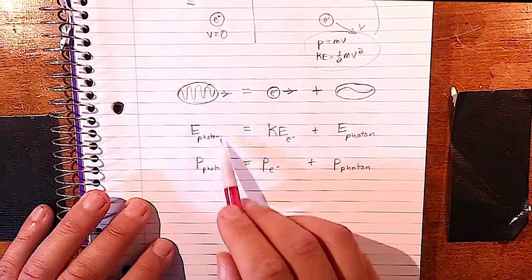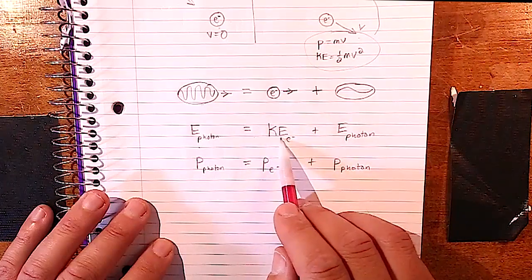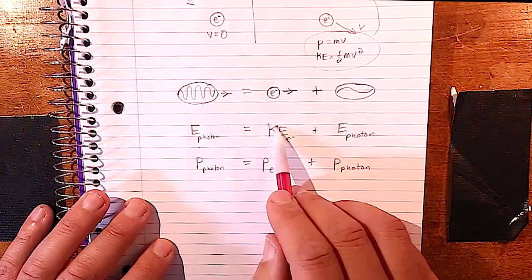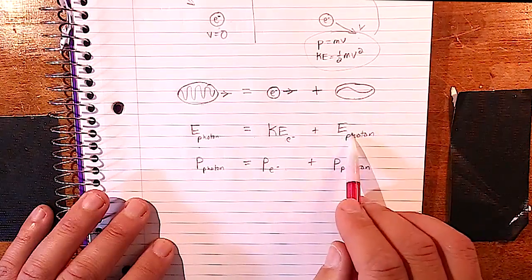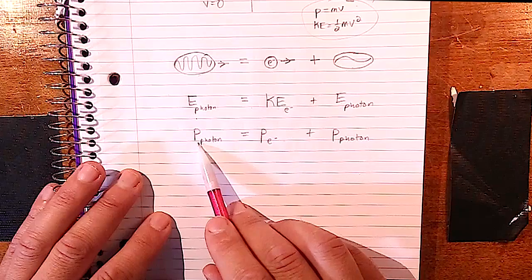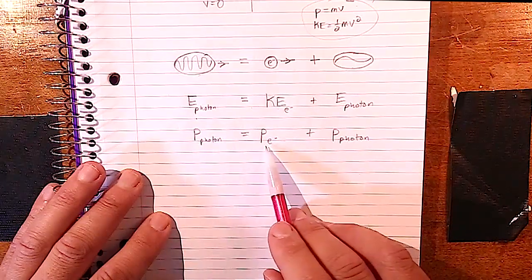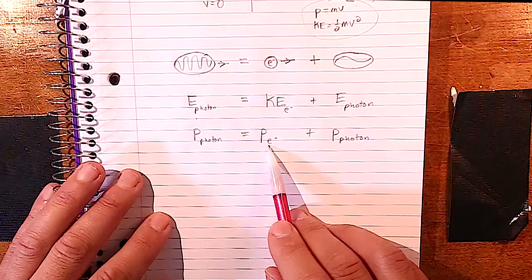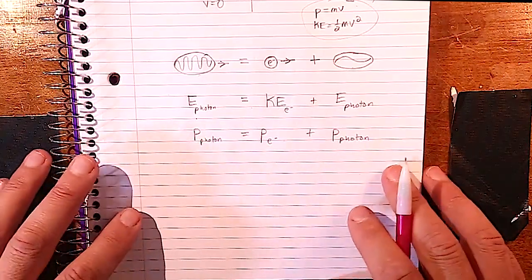We can say that the energy of that photon then turns into the kinetic energy of the electron, and the lost energy is the energy of the photon after the collision. And the same thing is true of the momentum of the photon. The momentum of the photon initial is our total momentum. The electron gains momentum, and the momentum of the photon after the collision decreases.